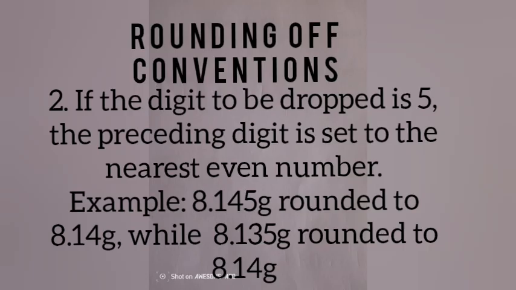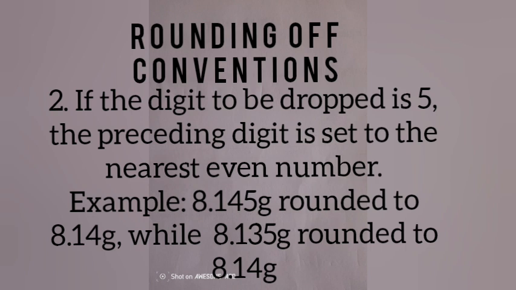8.14 grams. Now, but if the preceding number is an odd number, practice would no longer be the same. For instance, a measurement that reads 8.135 grams can be rounded to 8.14 grams.